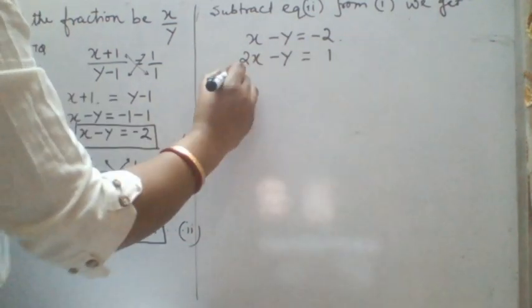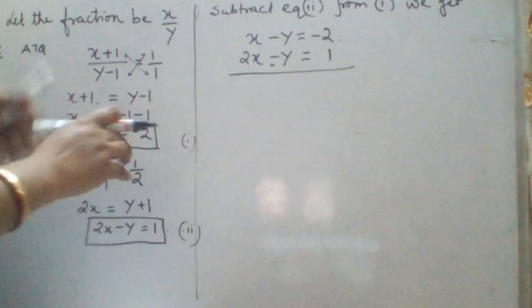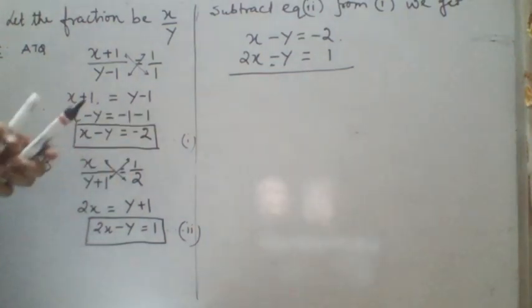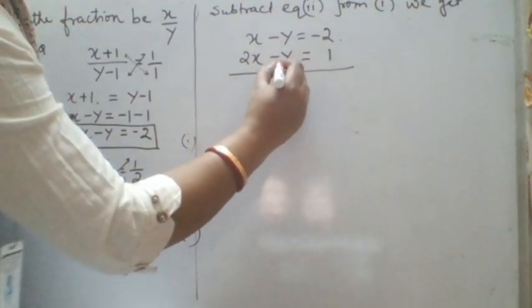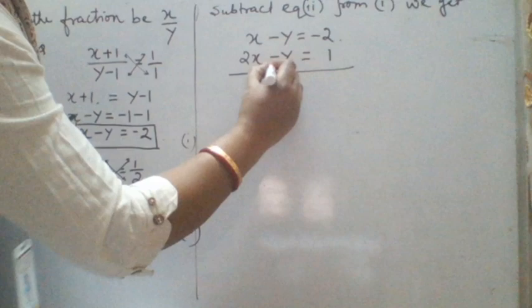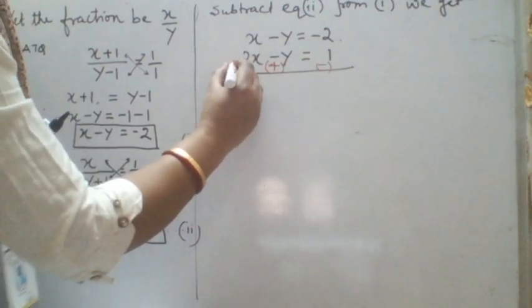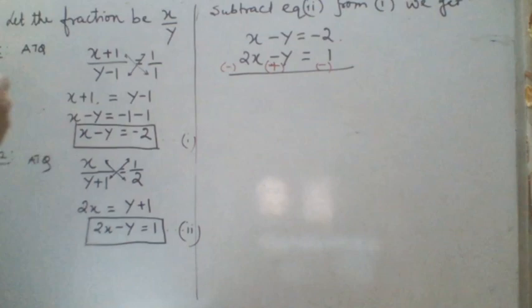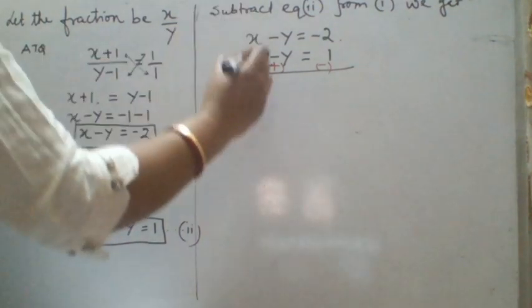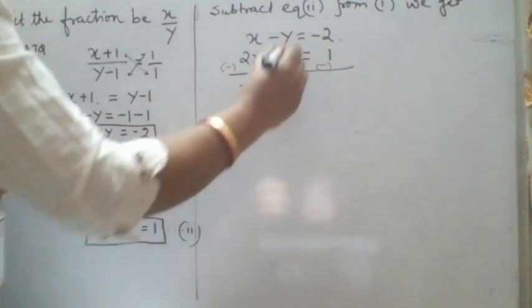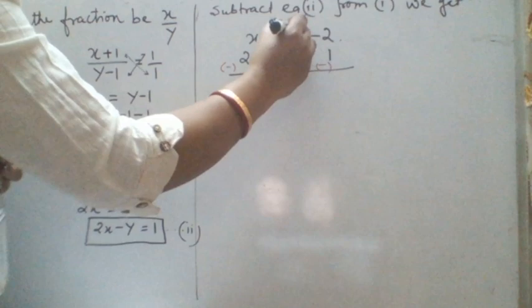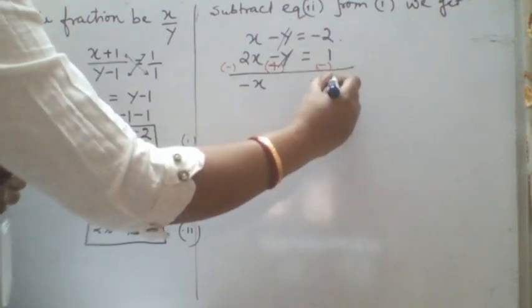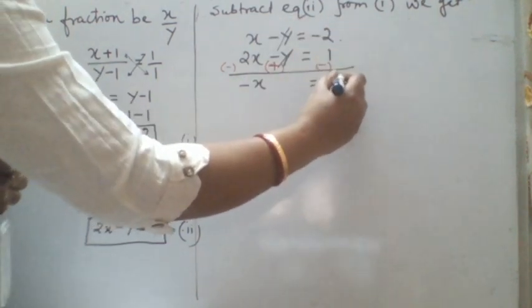Now because you are planning to subtract, you will change the signs. This minus y will become plus, this plus will become minus, and this also will become minus. So this is x minus 2x, this is minus x, the y gets cancelled, and this is minus 2 and minus 1, this is minus 3.